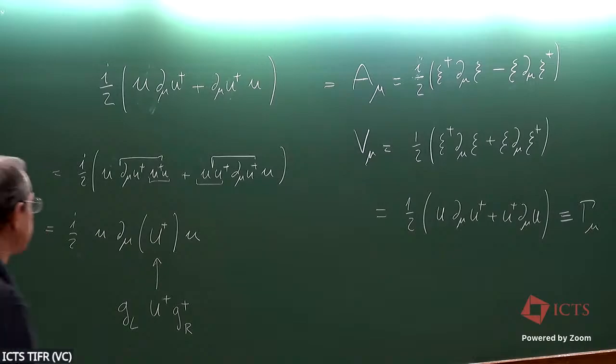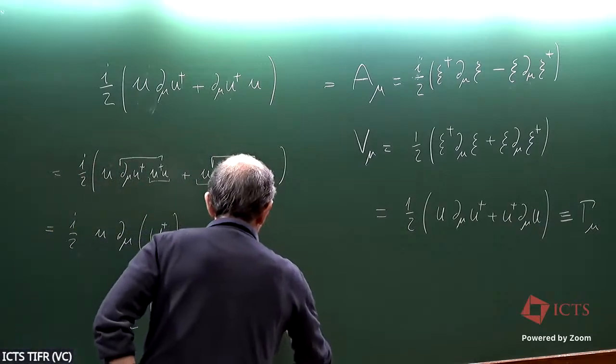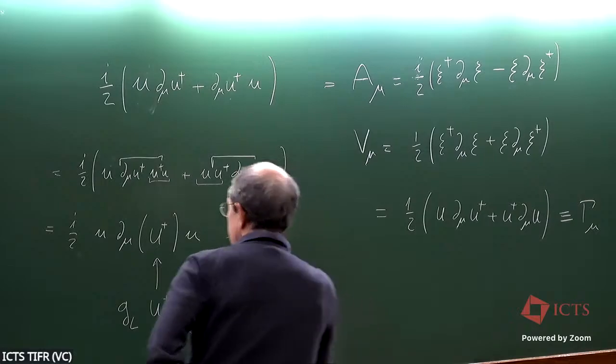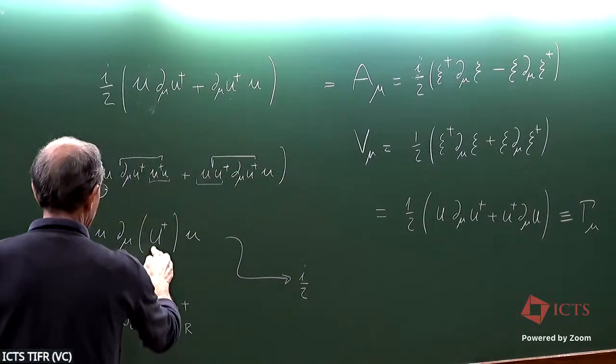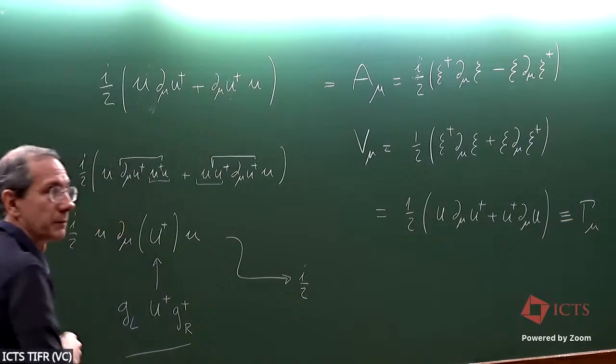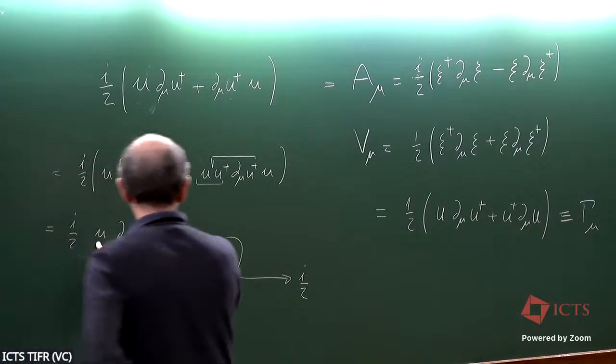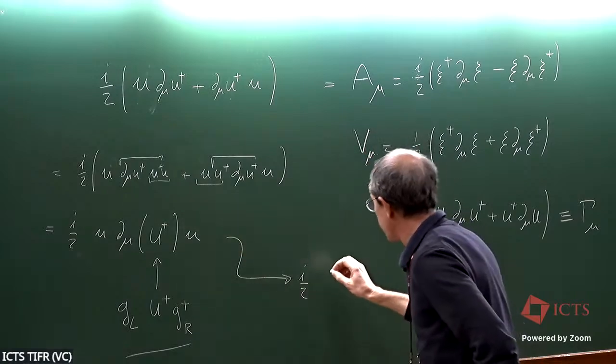Now this term, if I look at how it transforms, this derivative is now acting on something that transforms linearly, so it's just a plain derivative. The derivative here doesn't matter, because these are global transformations. So this now transforms, remember U transforms into G right.